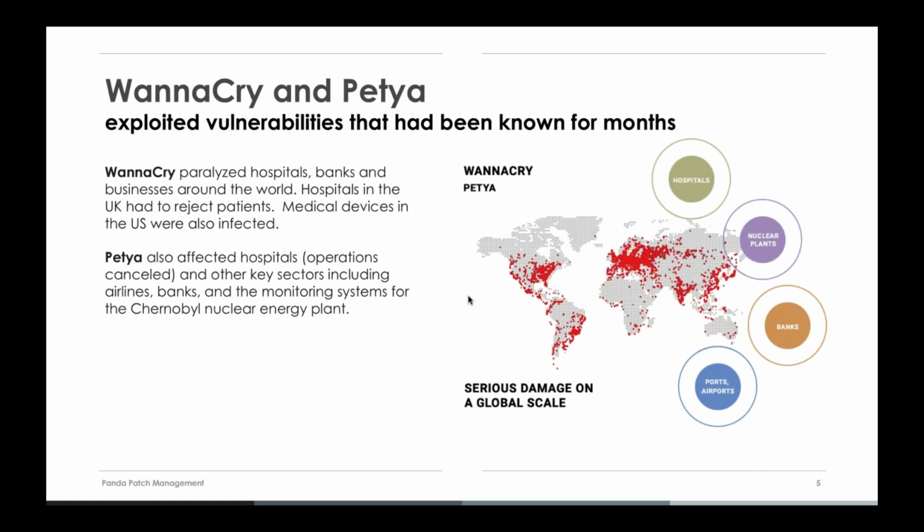Chernobyl already had the meltdown, and then they had the issues with trying to maintain the protective shell, and then they turn around and get Petya, which affects the monitoring systems. So think of the impact with that. We're talking about systems that have patches available for those vulnerabilities. They weren't applied, and in this case, probably worst case, it affected monitoring systems for a nuclear energy plant.